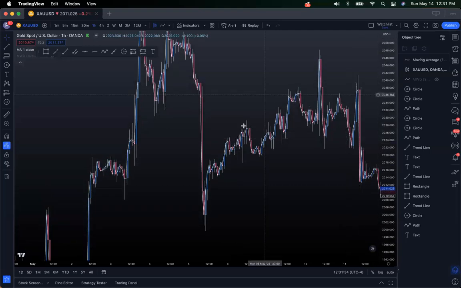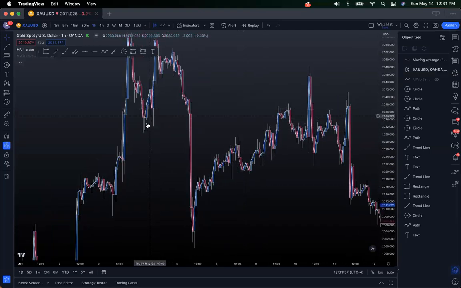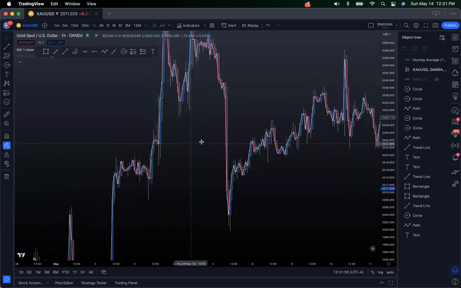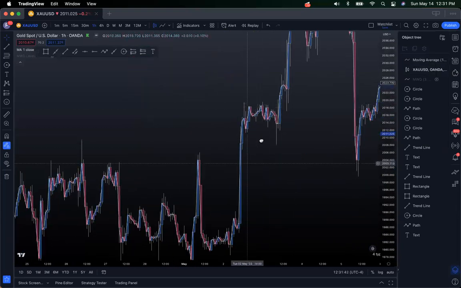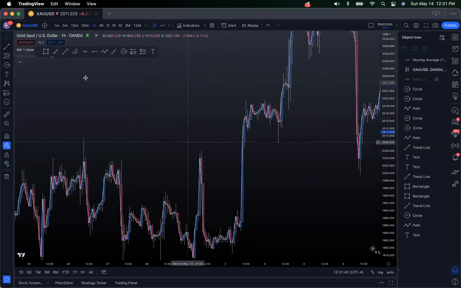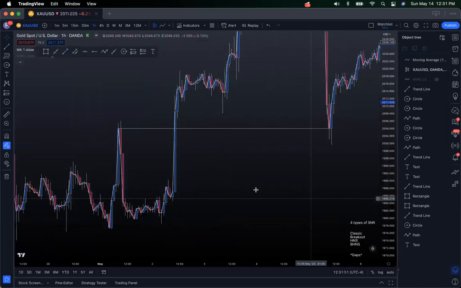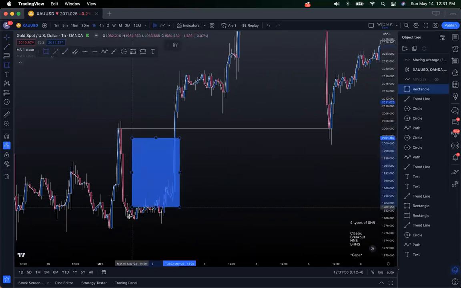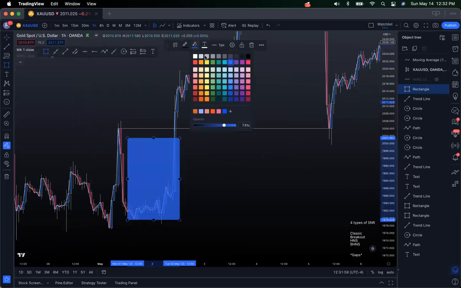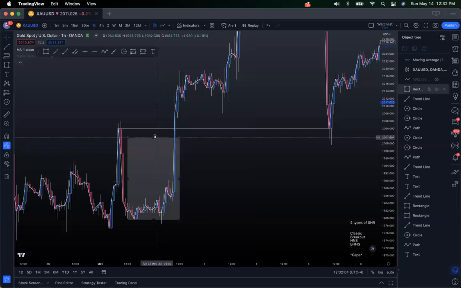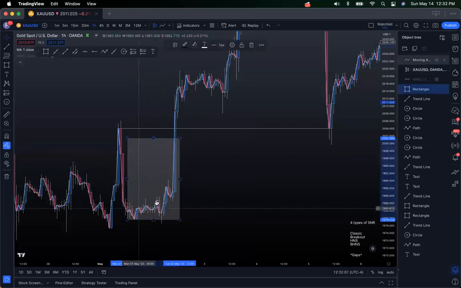So you have something like this. You have a key level, and at no time during all this price action do any of these wicks touch this level, right?